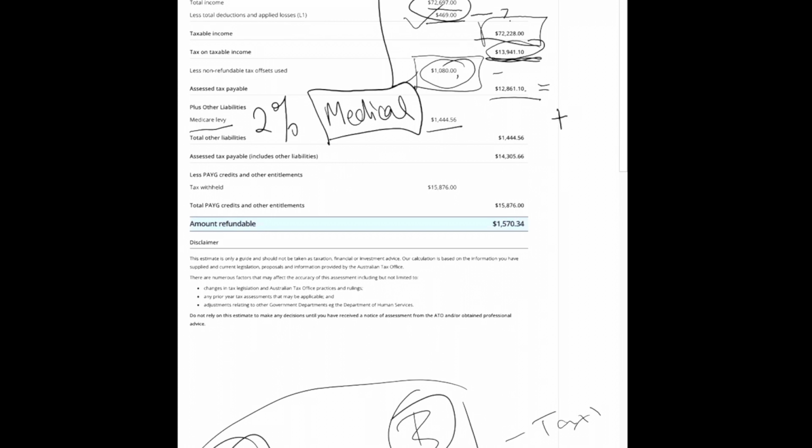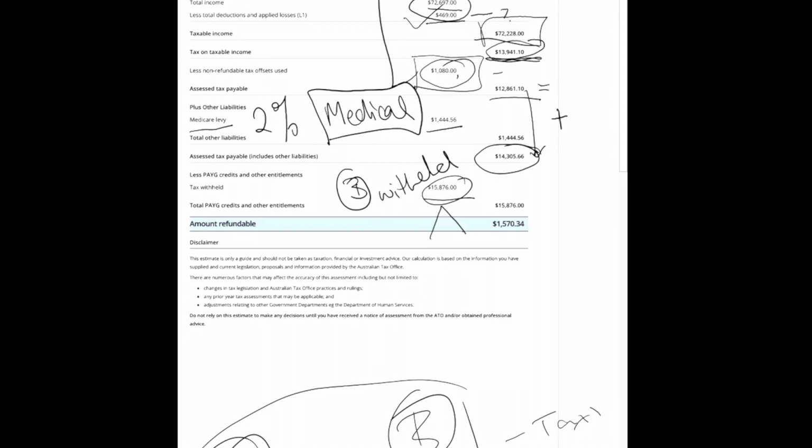Obviously, we pay for our medical expenses and subsidise those who can't. So 2% of our income is paid to Medicare. So that is also something that is withheld by our employer throughout the year.